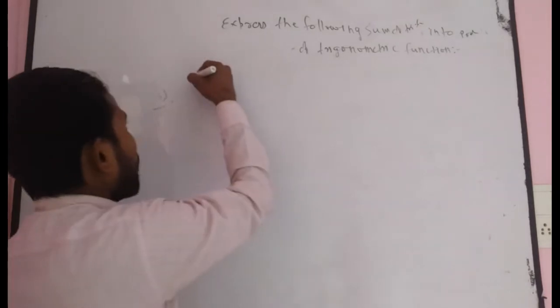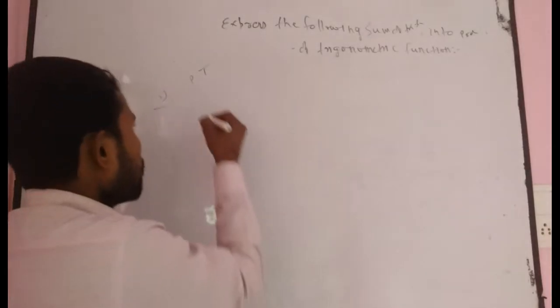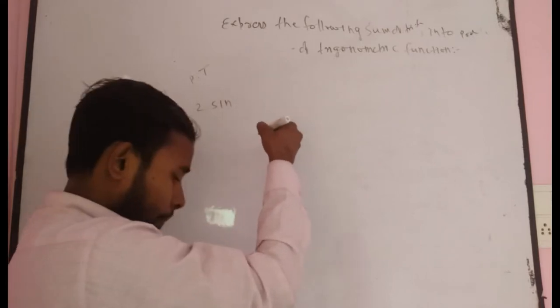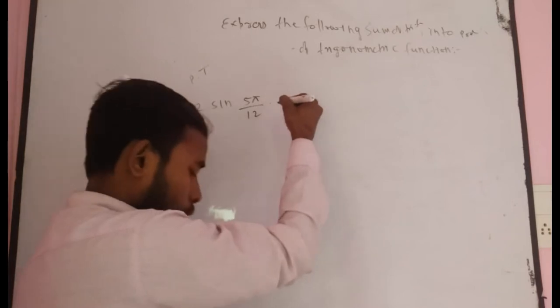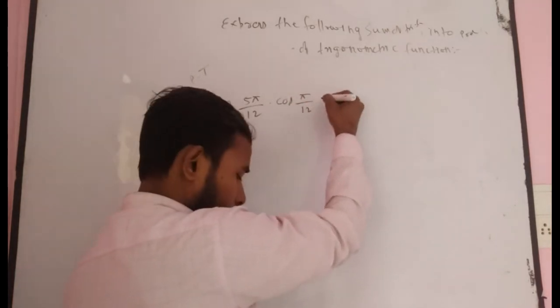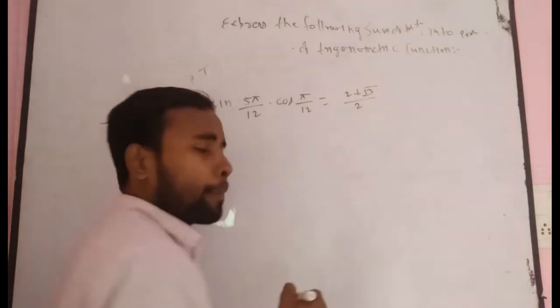I want to write the next example. In this problem, it is given that you prove that 2 sin 5 pi by 12 into cos pi by 12 is equal to (2 plus root 3) by 2. You have to prove it.